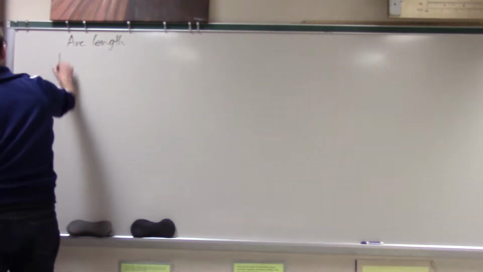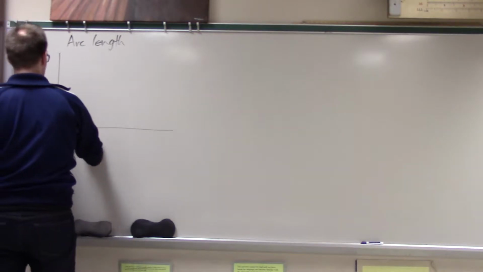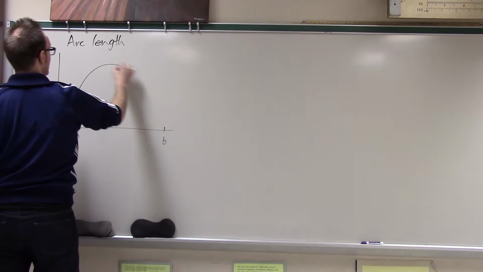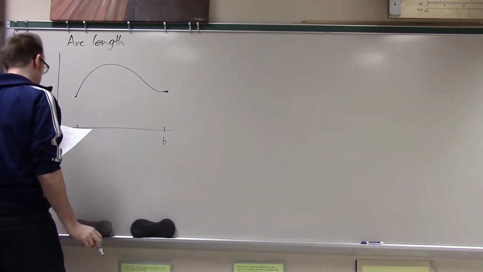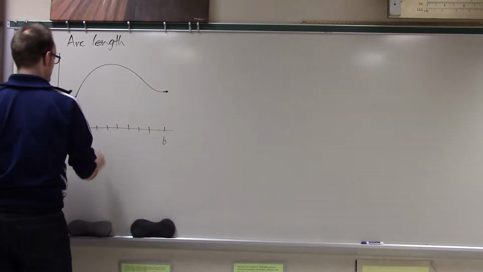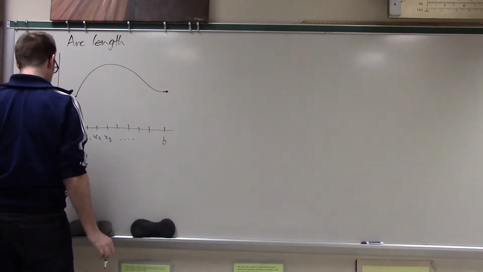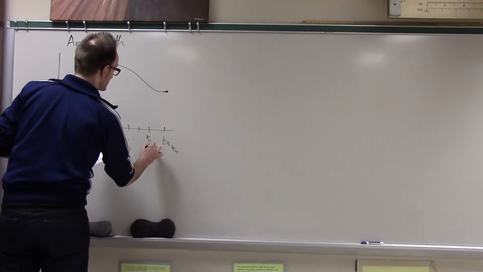Alright, so imagine you have some curve, f from A to B, and the curve looks like this. What we're going to do is partition this interval up into subintervals, x1, x2, x3, etc. We'll call B x sub n, and this is x sub n minus 1.